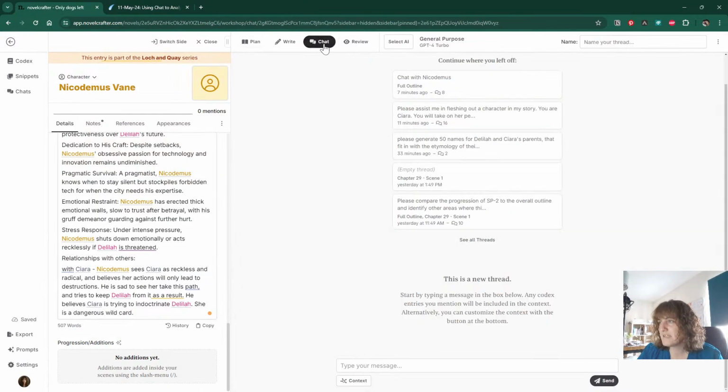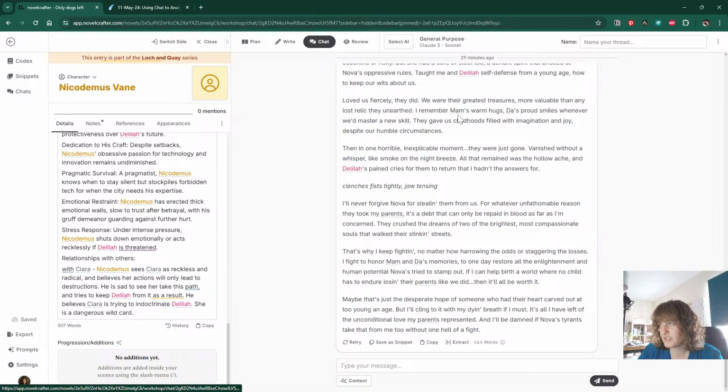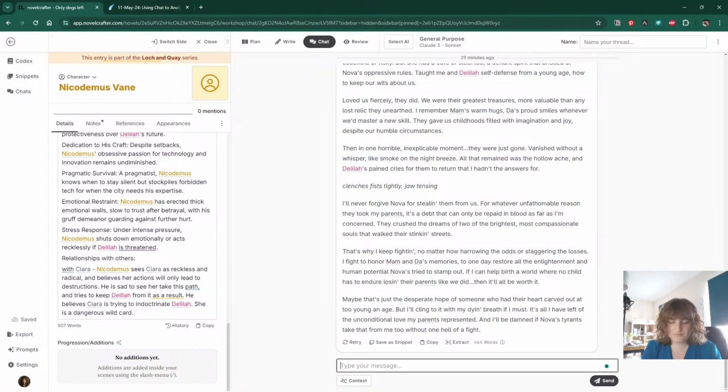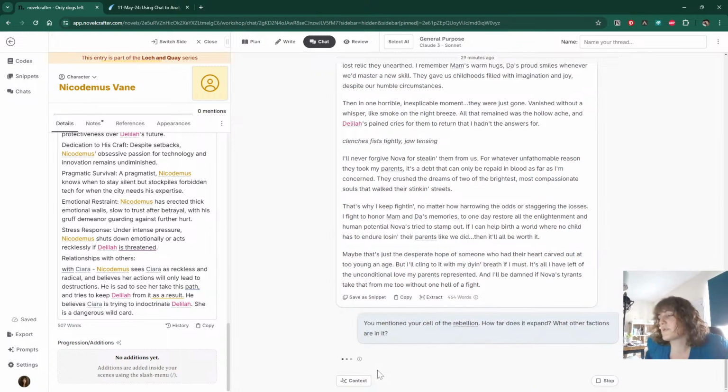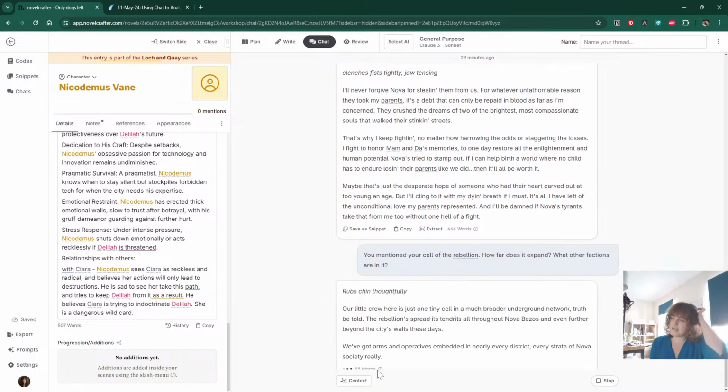So I'm going to go back into my Ciara chat. How far does it expand? What other factions are in it? Let's see if we can get a little bit more detail just to flesh out the rebellion.